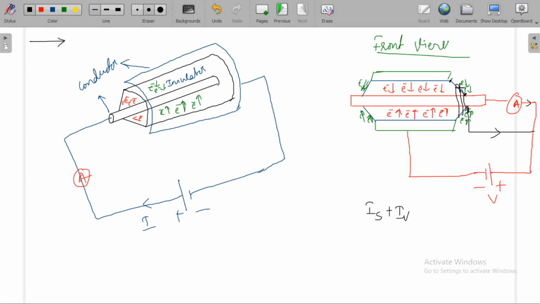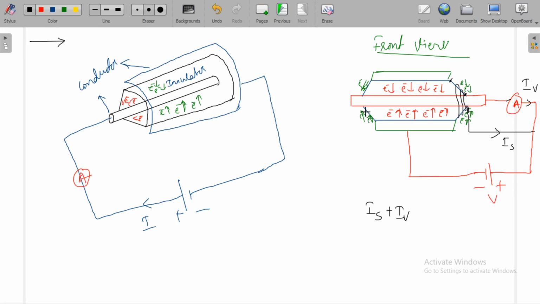This will be surface current. So surface current bypasses through this path. Then this ammeter measures only IV.